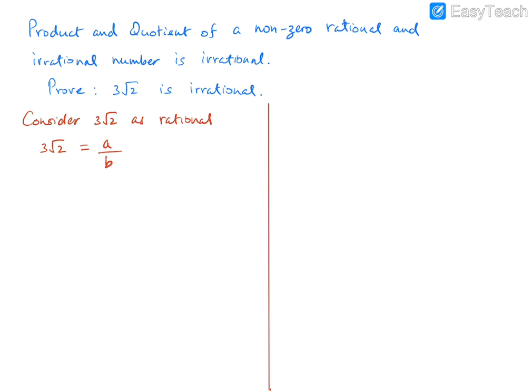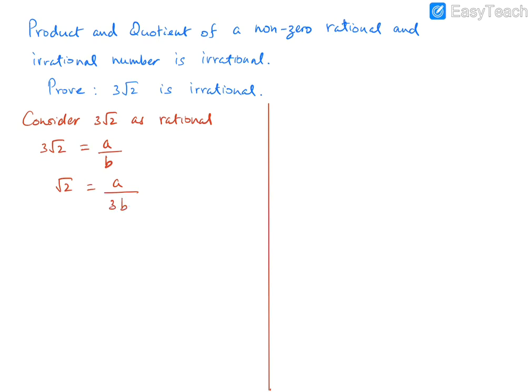Now we take the 3 to the other side, so root 2 is a divided by 3b. Let me make that correction: it's 3b, a divided by 3b.